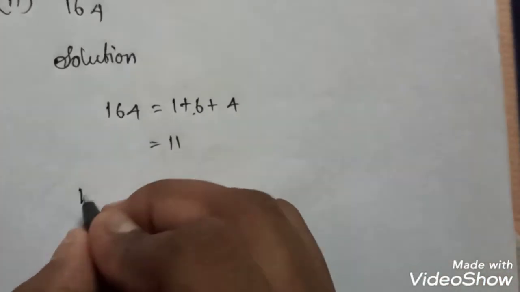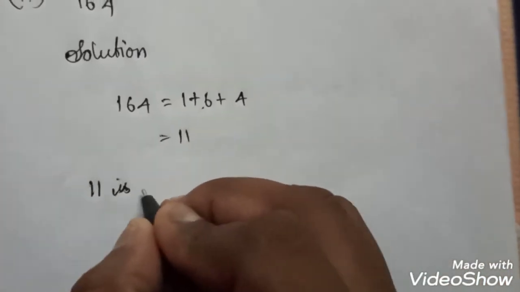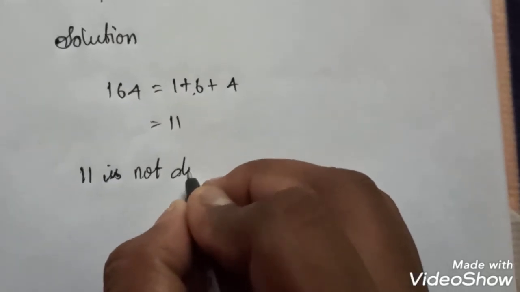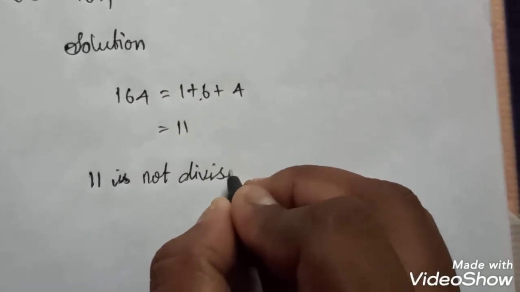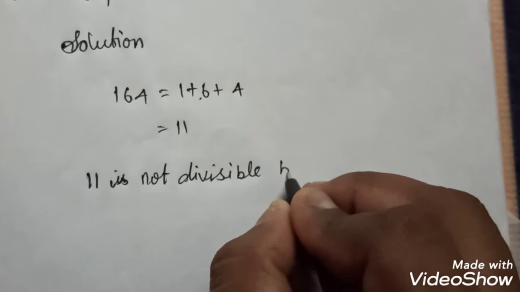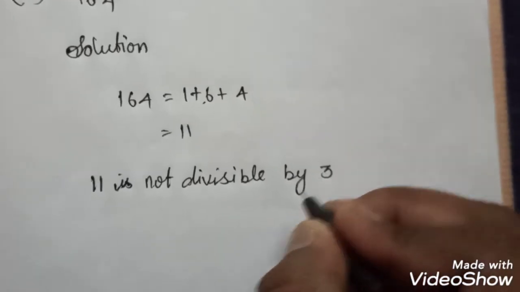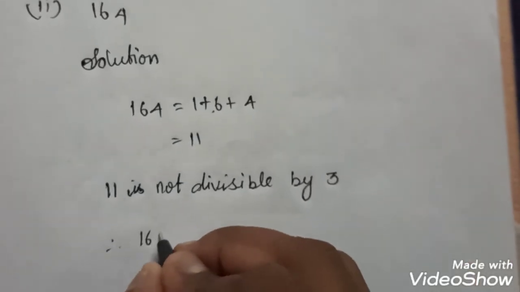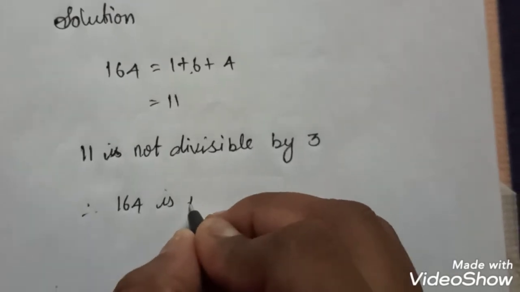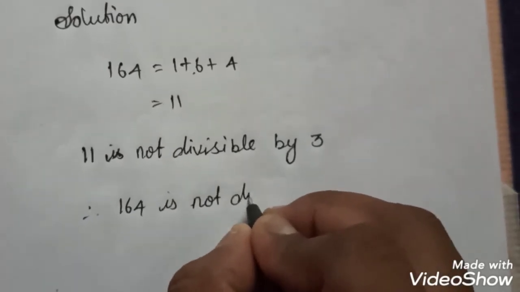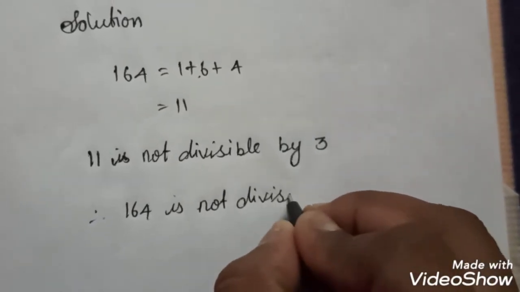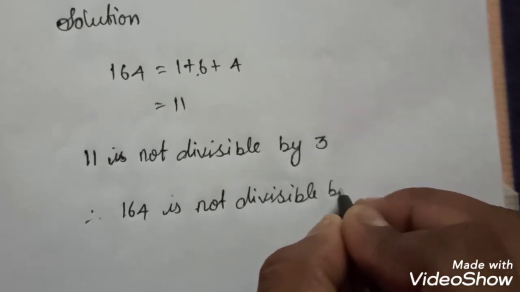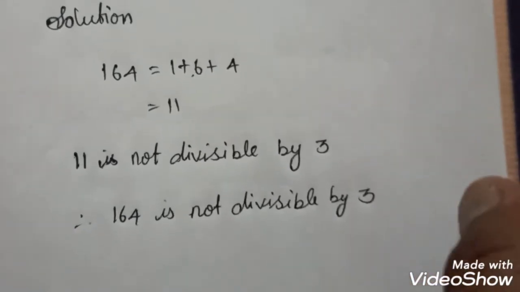So 11 is not divisible by 3. Therefore 164 is not divisible by 3.